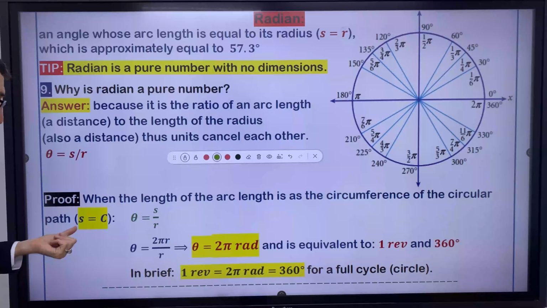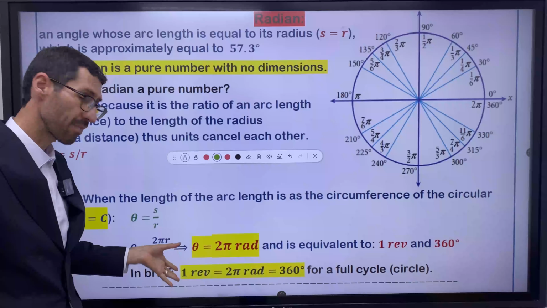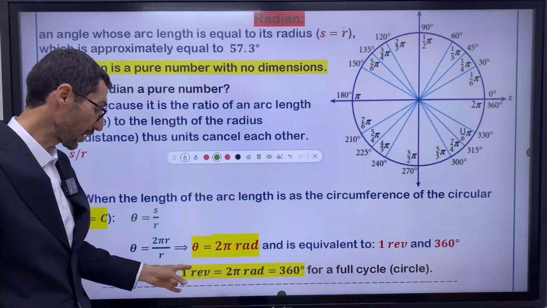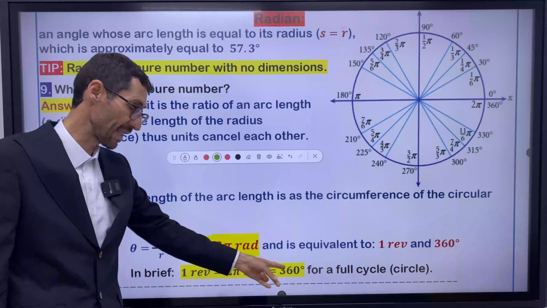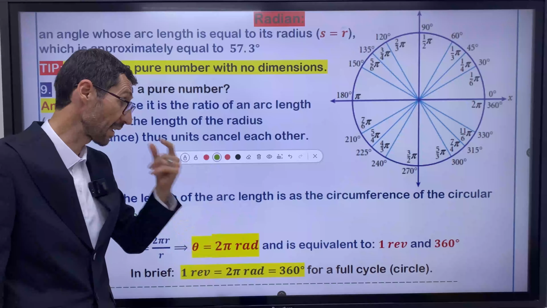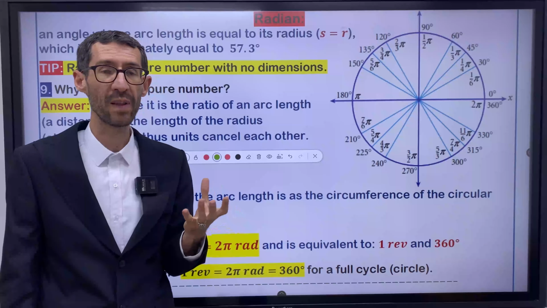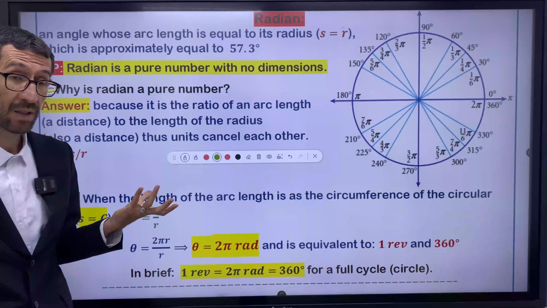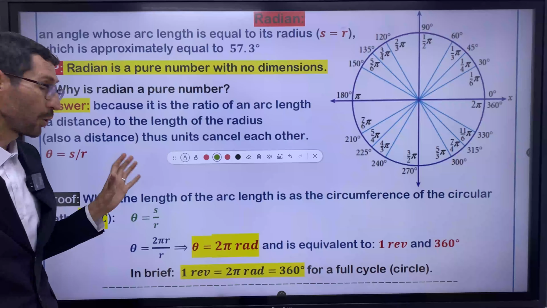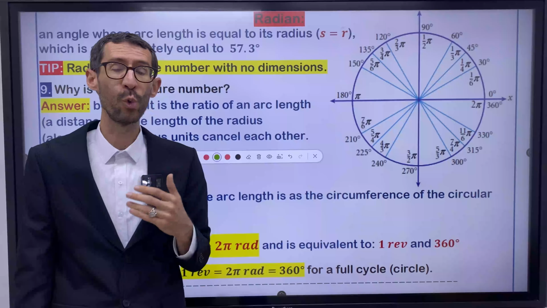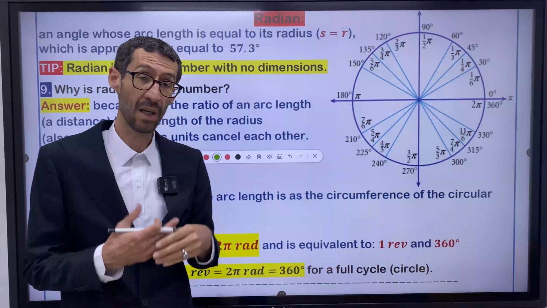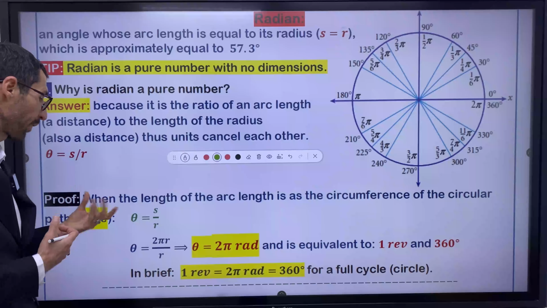We want to prove that 1 rev is equal to 2 pi rad and is equal to 360 degrees. We want to find a relationship between the measurements of angle, right? Do the measurements of angle have to do with one another or not? Let's do it together.